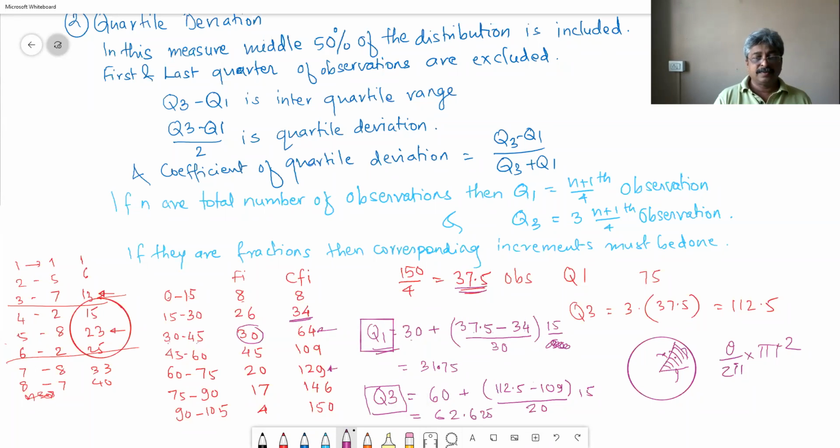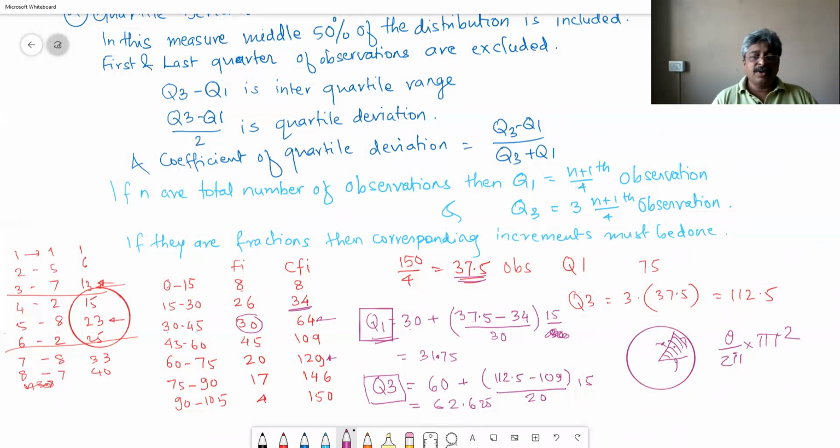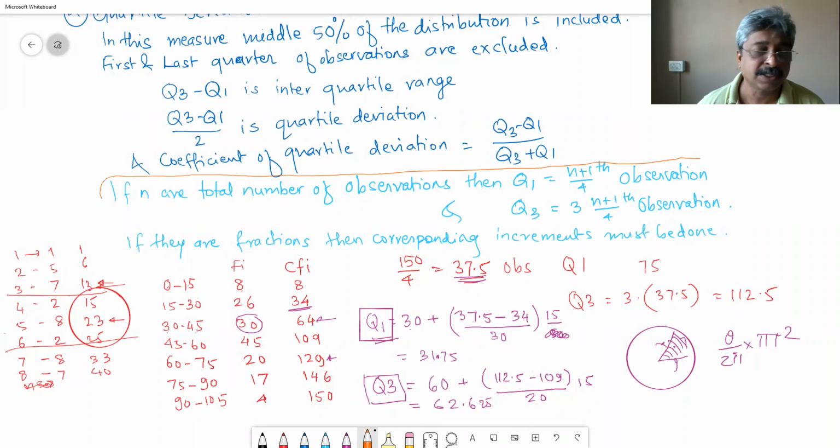Is this clear? No questions? Maybe you have ambiguity about this, which we just keep aside at the moment. If we happen to have a problem which will use this, okay. Otherwise, is this clear?